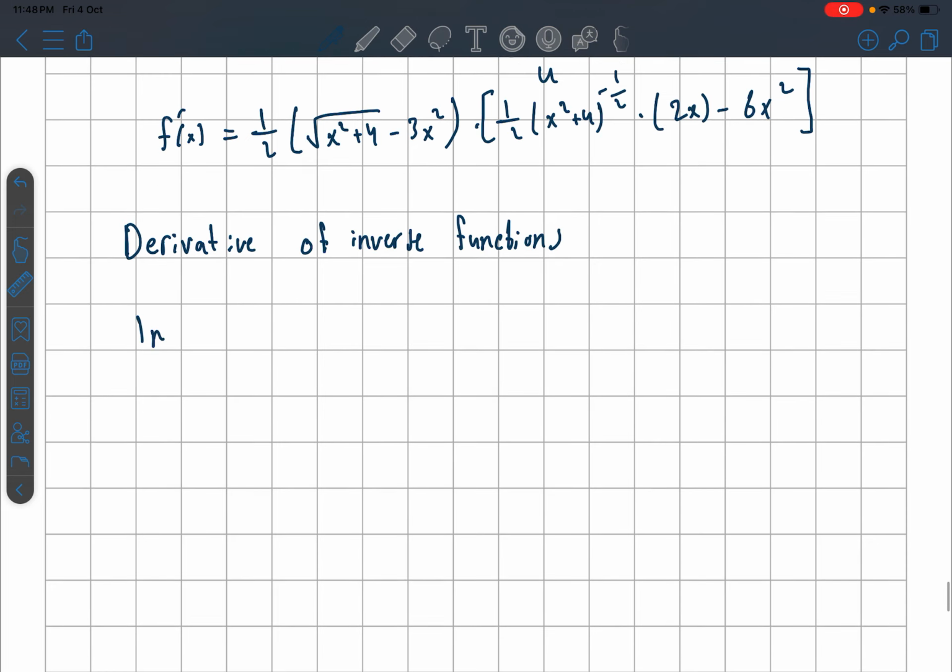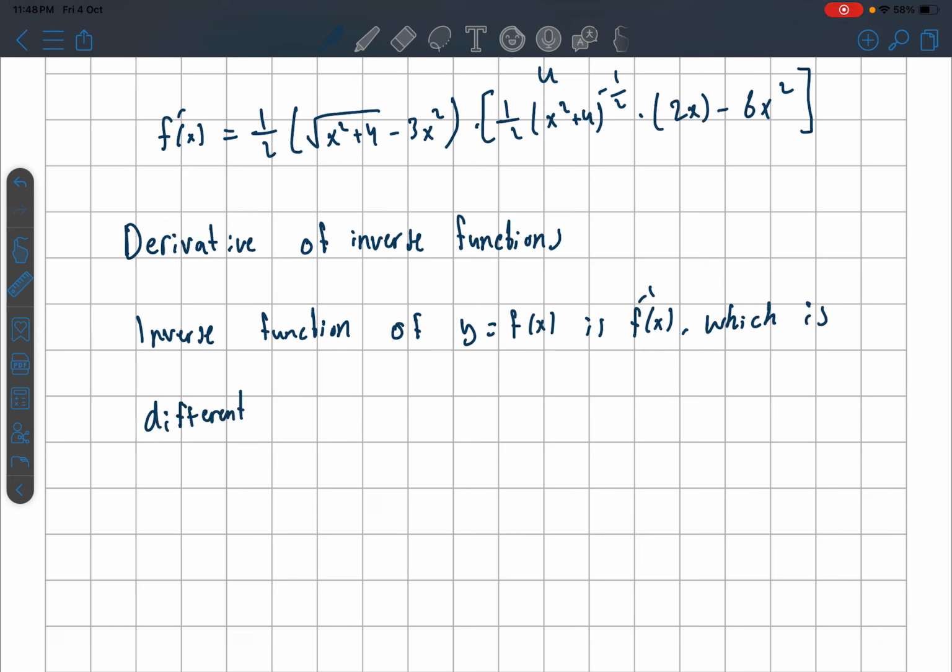So basically, inverse function of y equals f x is f inverse x, which is, you can say, different, of course, from f x power of negative 1.